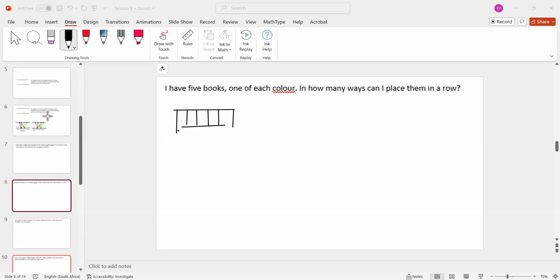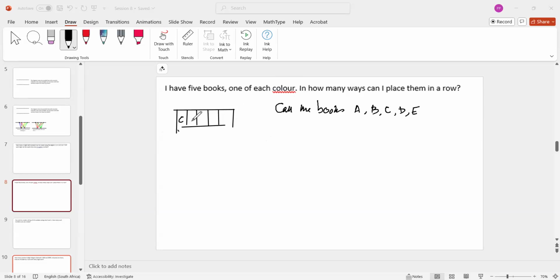If you name the books A, B, C, D, E, we'll just use symbols for the books. We don't really have to know the titles. And now you're going to place them on a shelf. There are many ways of doing it.